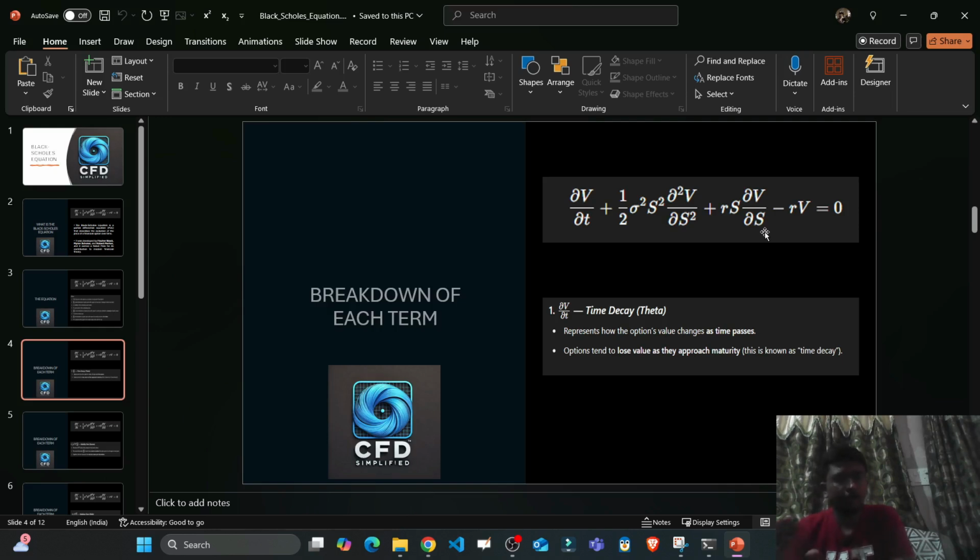Options tend to lose value as they approach maturity. What is maturity? Maturity means when their usage value is going to the end, so they start losing their value.